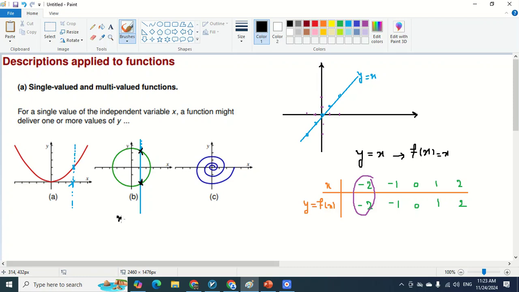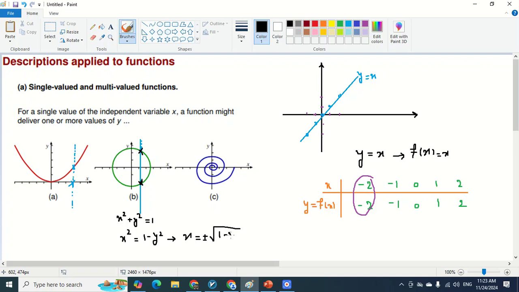So for instance, the relation for this type of graph is x squared plus y squared equal to 1, and as you can see, for some values of x we have two values of y. If you just shift y to the right side, then we have x squared equal to 1 minus y squared, and by taking the roots of both sides of this expression, you will find that x is plus and minus the root of 1 minus y squared.